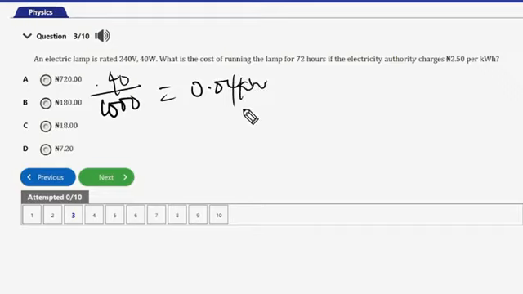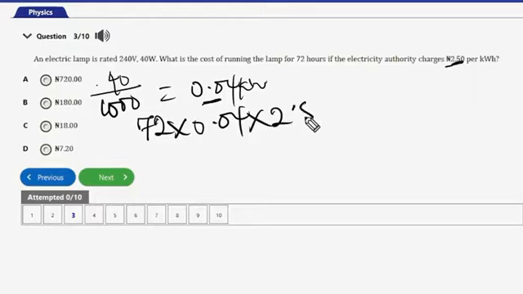So since this is 0.04 kilowatts, the total cost of this will be 0.04 times 72 times 2.5, that's 2 naira 50 kobo. So this will be 72, which is the time, 72 hours, then times this power here, that's 0.04 kilowatts, then times the charge per kilowatt, that's 2.50.